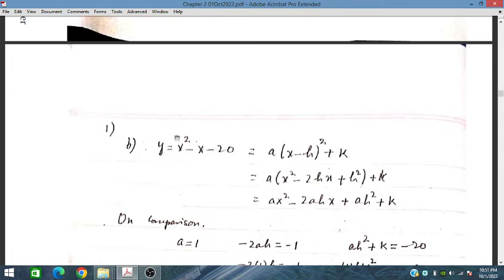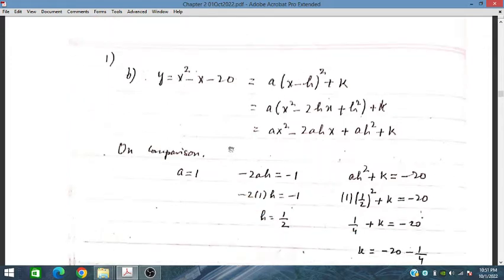We can write this expression in this form as a(x² − 2hx + h²) + k. So we can say that a is equal to 1 by comparing from here to here, and −2ahx is −x, so we can put the value of a here and get the value of h like this.